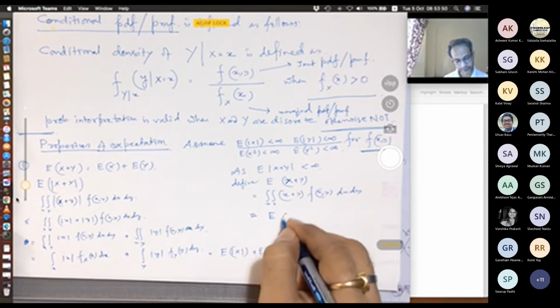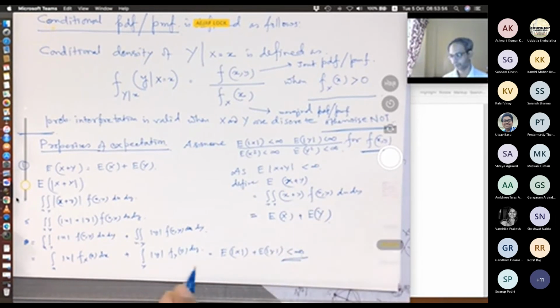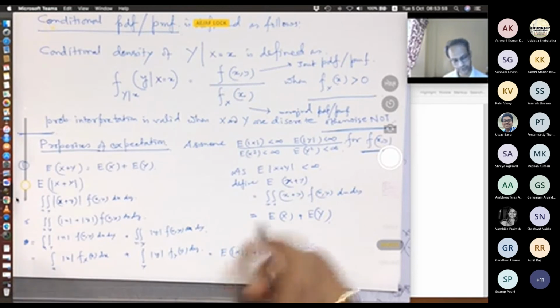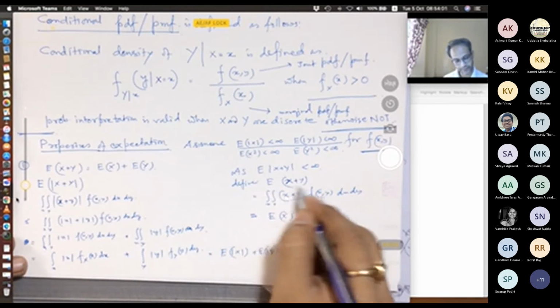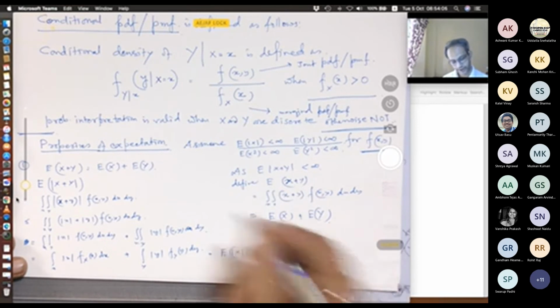You will get expectation of X plus expectation of Y. The most important thing here is this will always hold. Expectation of X+Y equals expectation of X plus expectation of Y.